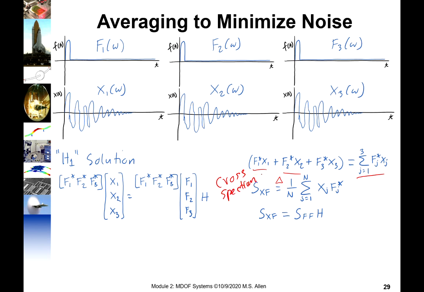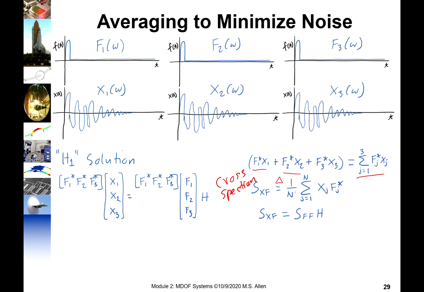So the definition of that is the average of the FFT of X times the FFT of F, complex conjugate. And similarly, if we wanted SFF, we just replace the X with F, and that would just be F times F star, or magnitude of F squared.